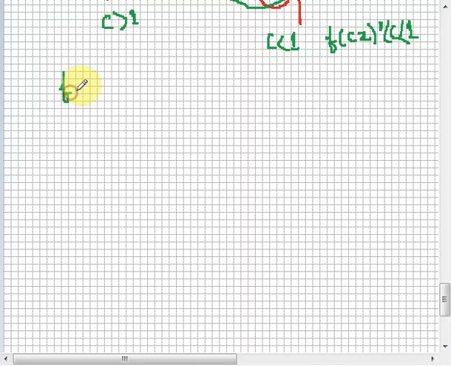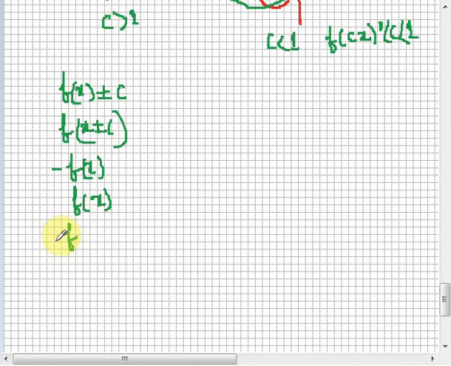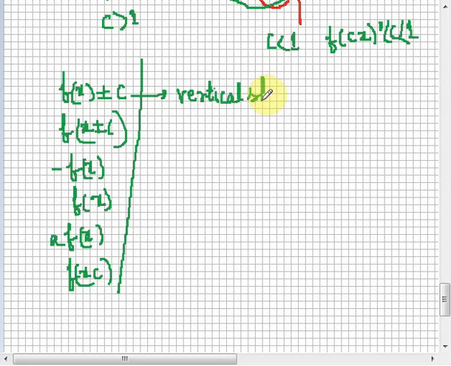We have explained the graph of f(x) plus minus c, the graph of minus f(x), the graph of f(x), the graph of a f(x), and the graph of f(cx). These all we have explained. This is vertical shift. This is horizontal shift.